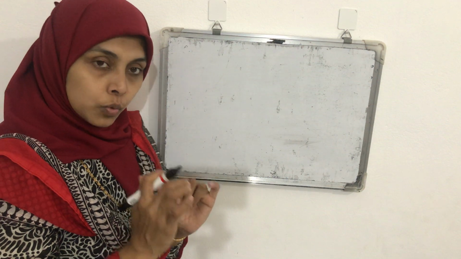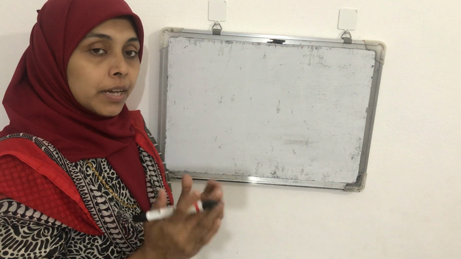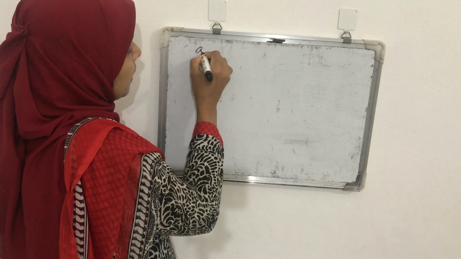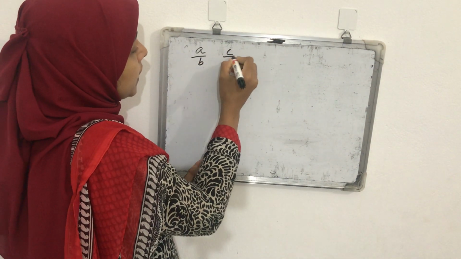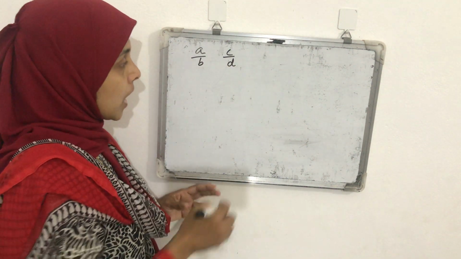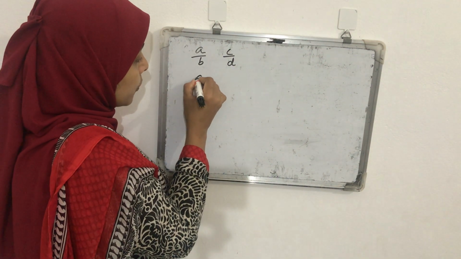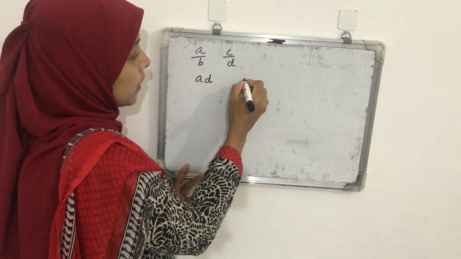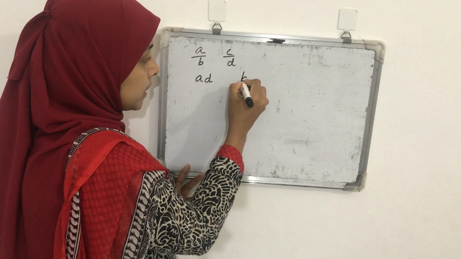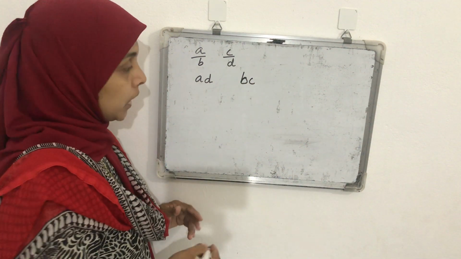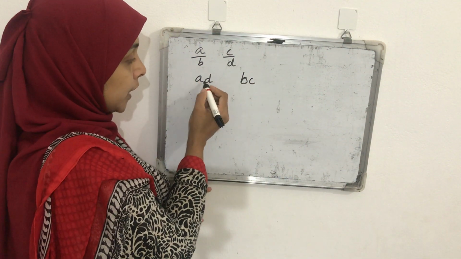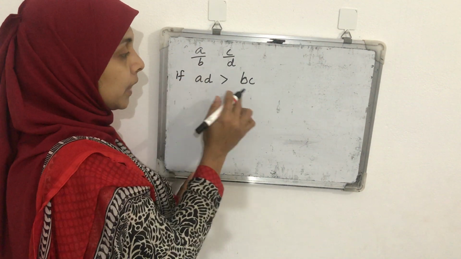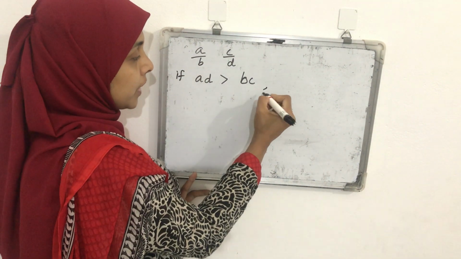If you have two rational numbers, we find the cross products. Suppose A by B and C by D are two rationals, and we find the cross product A into D, which we write as AD, and we find the cross product BC also. If AD is greater than BC, then what can we say?